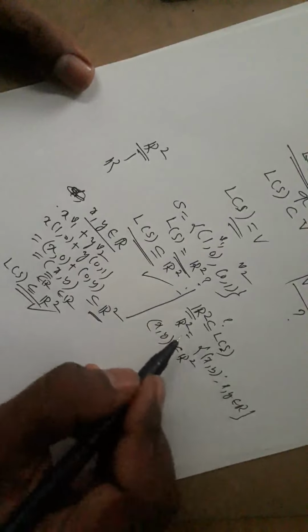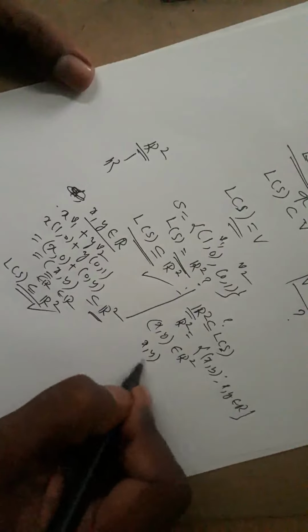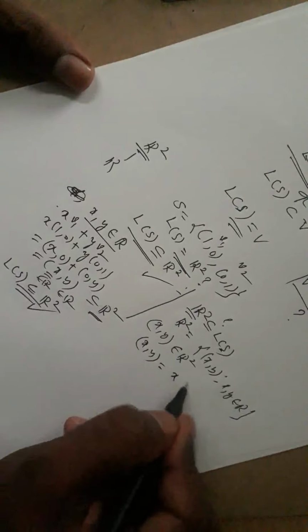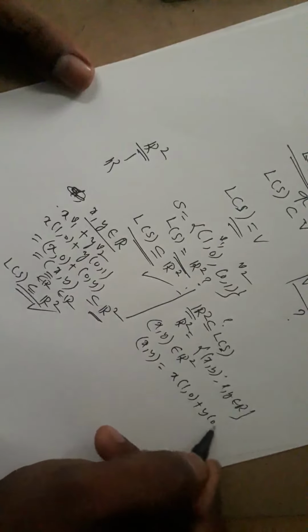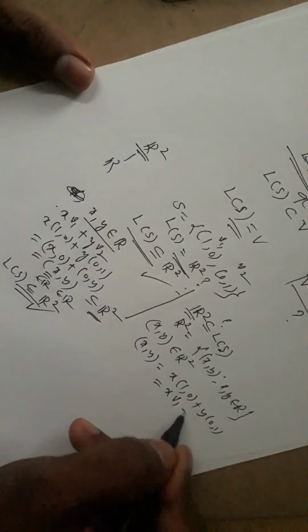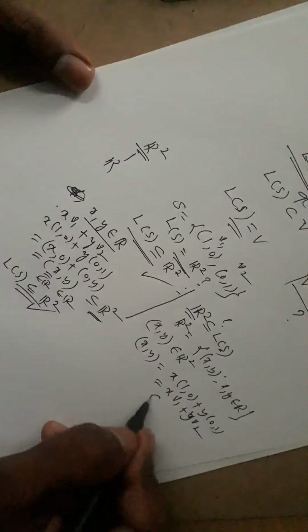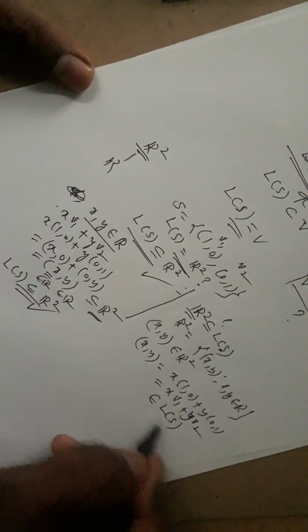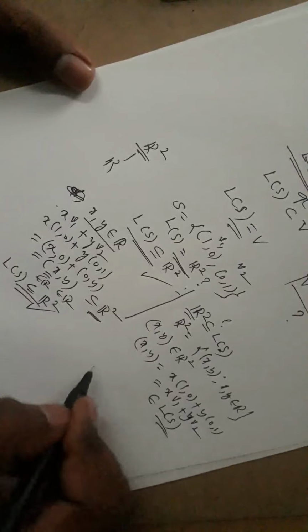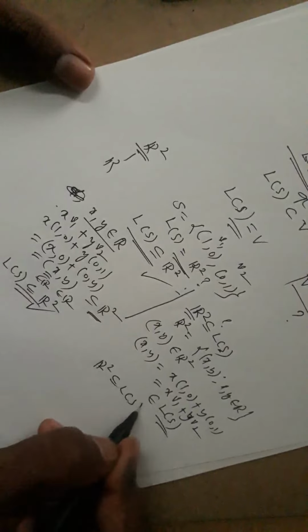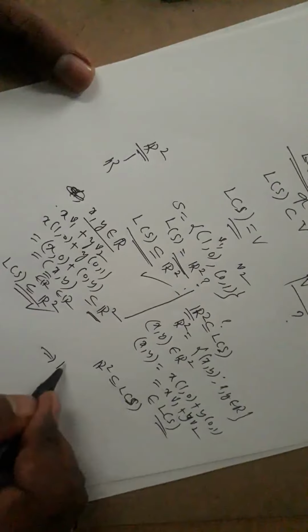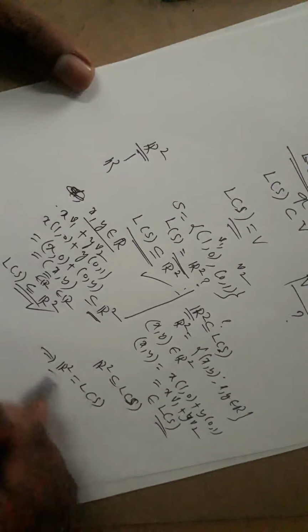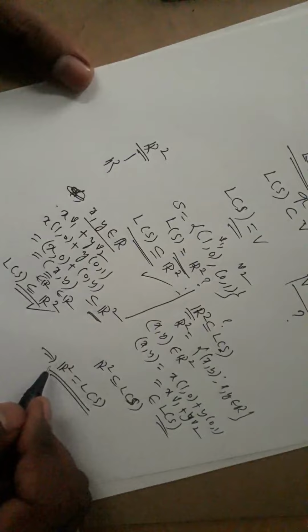Yes, that is the point here. So (x, y) can be written as x into (1, 0) plus y into (0, 1). That is nothing but x into v1 plus y into v2, which belongs to L of S. So R square is contained in L of S. This implies R square equals L of S. That's what I said to you.